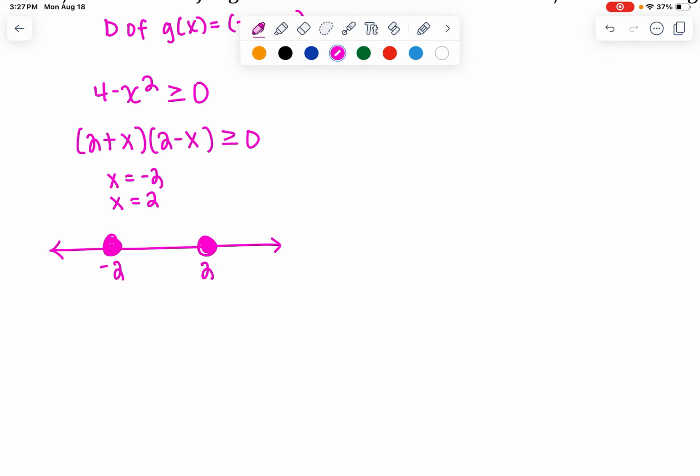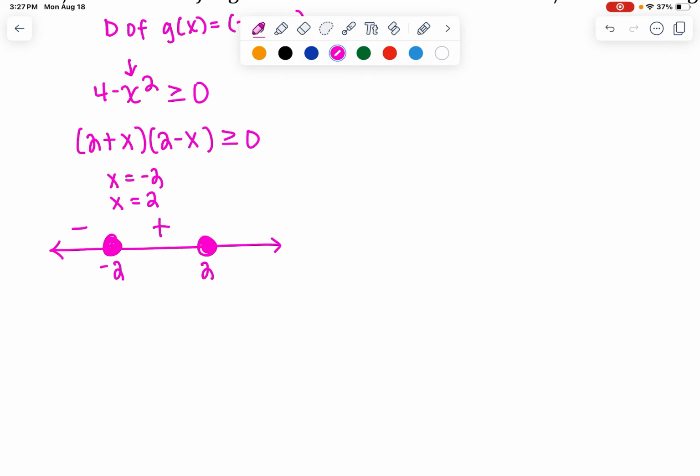And now we have to see if we're including numbers less than negative 2. So plugging in something like negative 3 into the inequality, 4 minus 9 is negative 5, which is negative. So now I'm going to check values in between negative 2 and 2, so let's check 0. 4 minus 0 squared is positive.